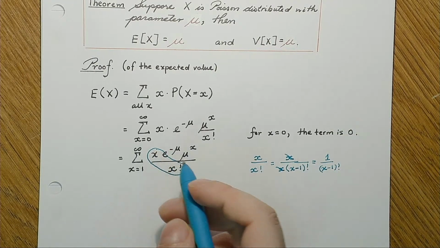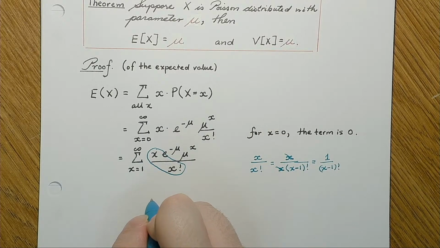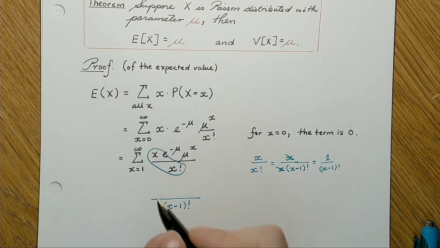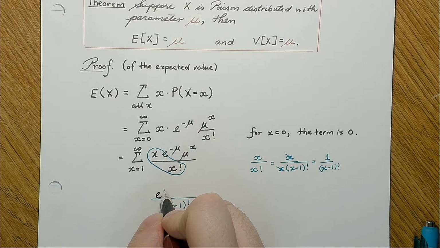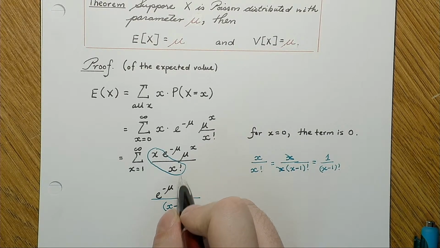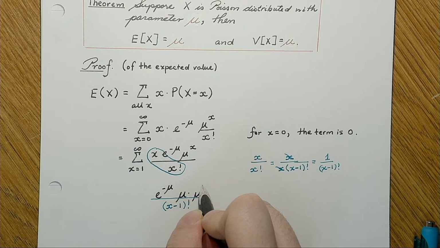So that's what's going to simplify here. I have e to the minus mu, and I also have, I'm going to write as mu times mu to the x minus 1.